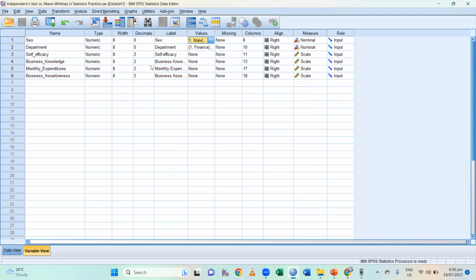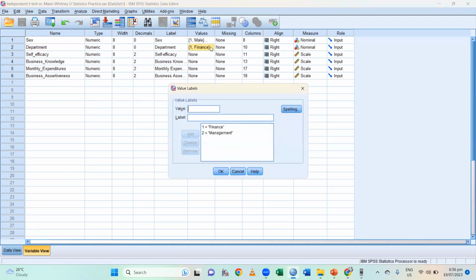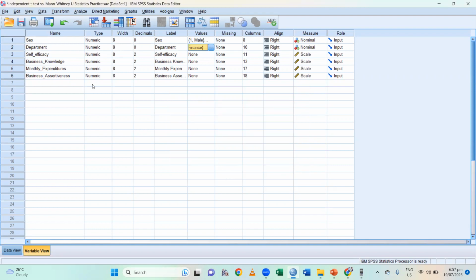So I'll close this. For the department part, if you go to values and on the right side of it, you left click on it, 1 means finance. Meaning, if 1 is finance, the respondent comes from the finance department. And 2 means the respondent came from the management department. So I will not make changes on it, so click OK.